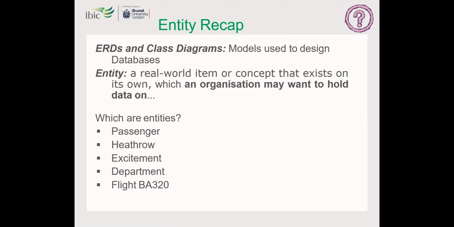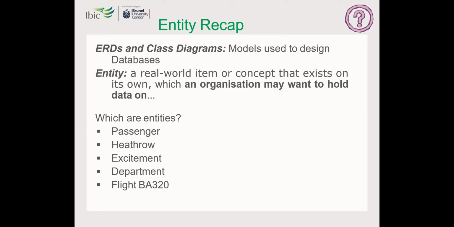First, let's look at entity. An entity type is a type of thing which is able to represent an independent existence and on which the organization may wish to hold data. This is the key characteristic of an entity type.